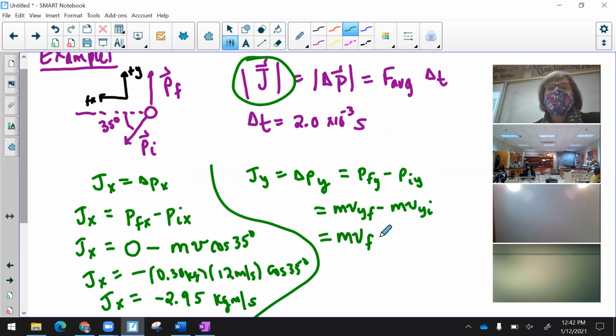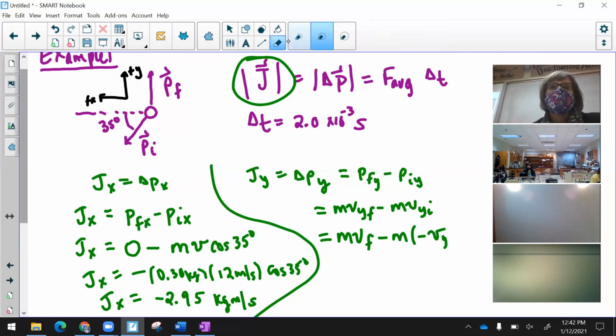Okay. Little more complicated for my vy initial velocity, right? For one thing, what direction is that initial velocity pointing in? Down. Negative, yes. So that's going to be negative. Whatever that vy is, times what?